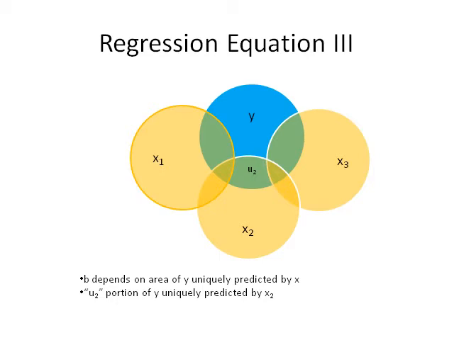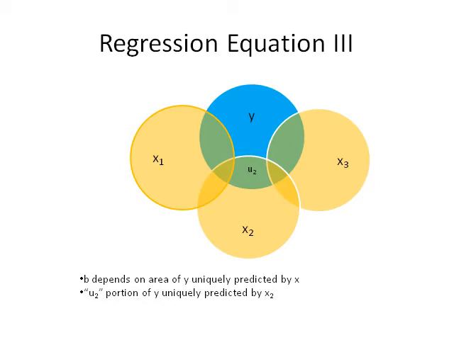The value of b in the final regression equation for x2 depends on the unique area in y that's predicted only by x2. The variance in y that is predicted by more than one predictor is redundantly explained and is not accounted for in the computation of the partial regression coefficient for that variable.